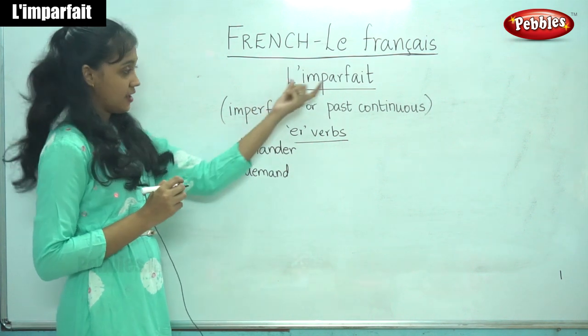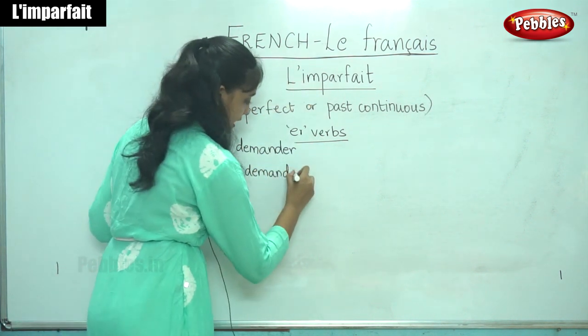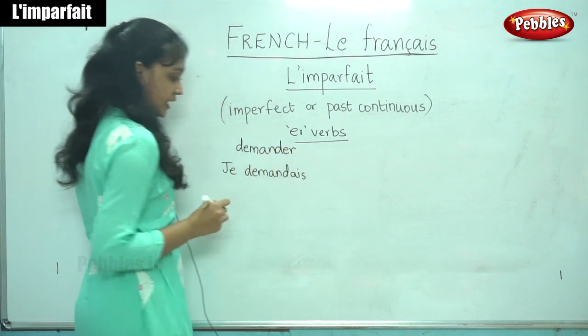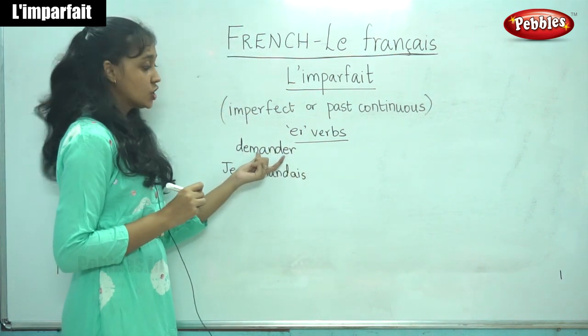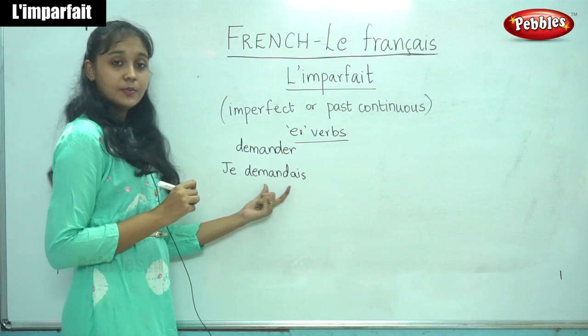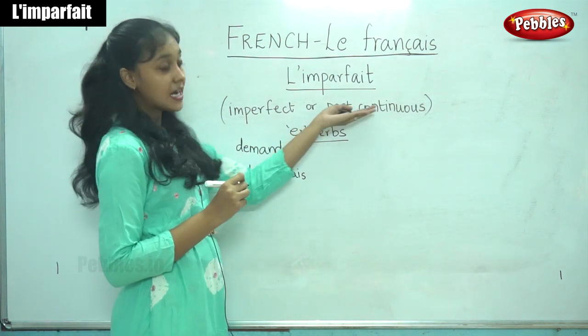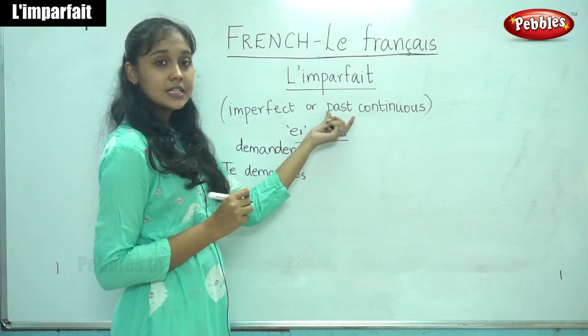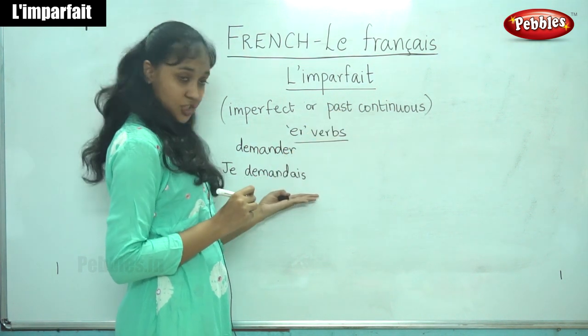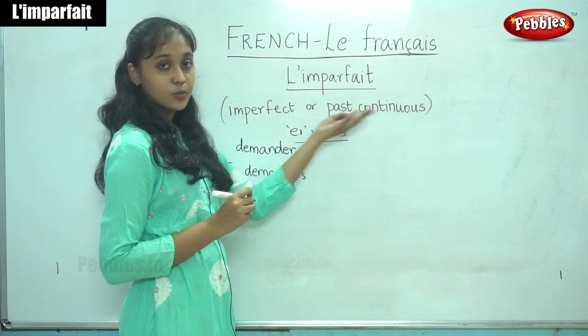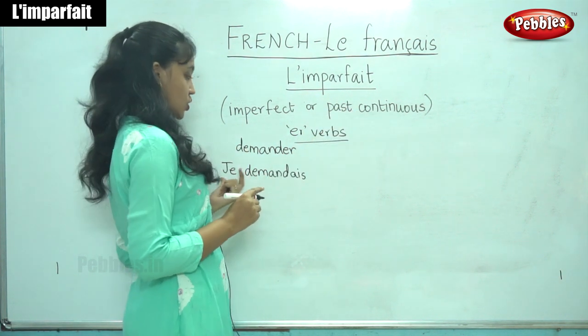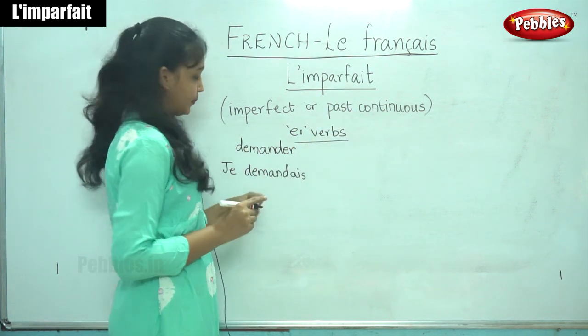For je in imperfect, the ending is AIS. Demander means to ask. So, je demandais would mean I was asking, past continuous. The particular action was going on in the past. It was not completed. So I was asking.